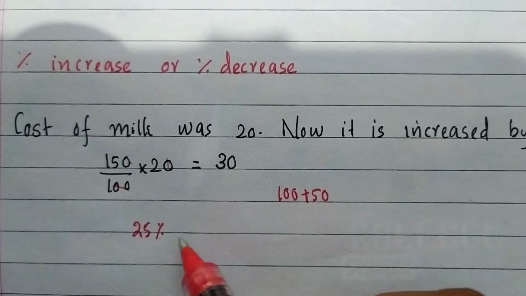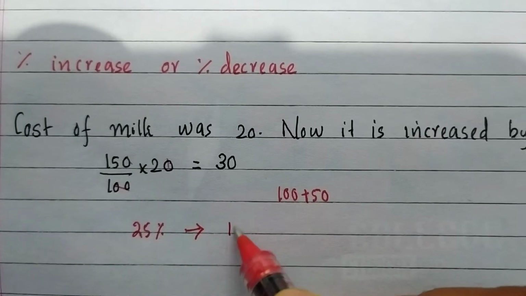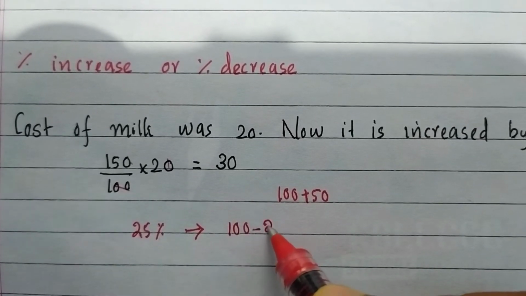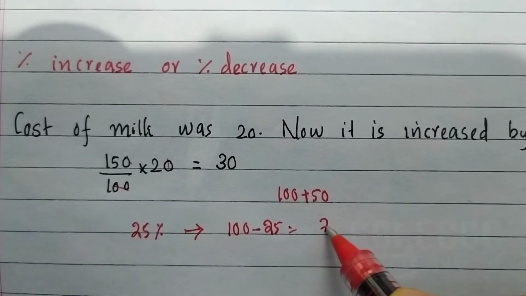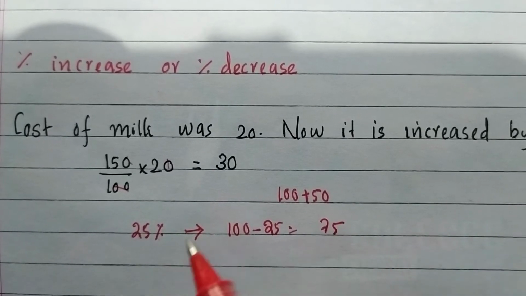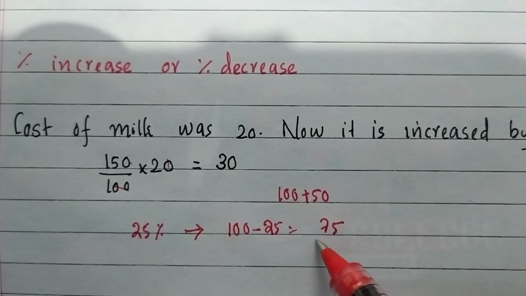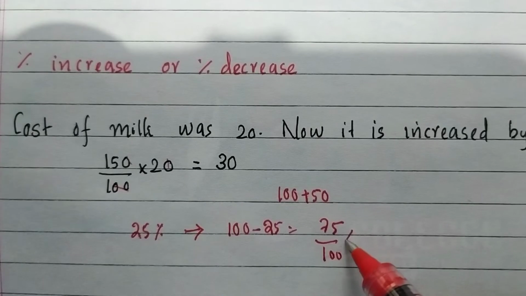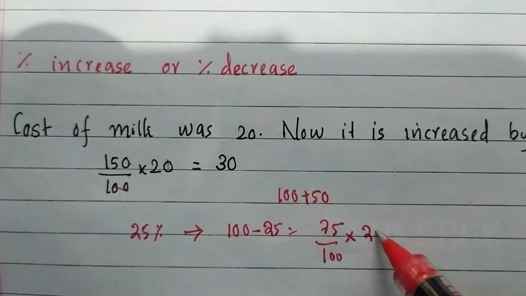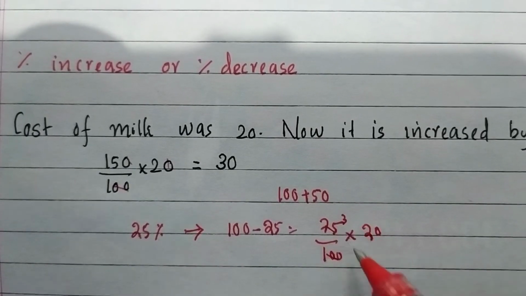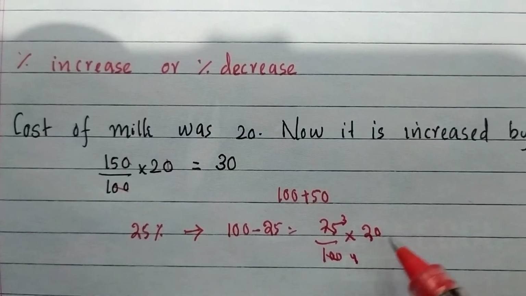Decreased by 25% means 100 minus 25, which is equal to 75%. So the new price will be 75% of the original price 20, which is equal to 15.